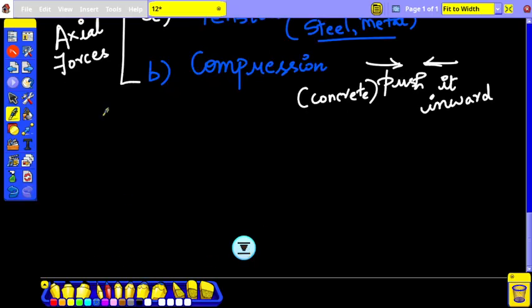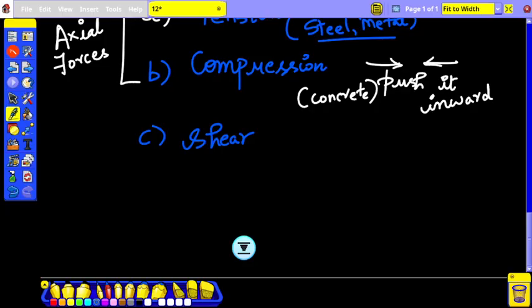Now coming to the third one, which is called shear. This is a term you would have done every single day, but you will not know that this force is called shear force. If you take a paper and try to tear it apart, that's shear. If you take a trimmer and trim your beard or your hair, that's shear again.